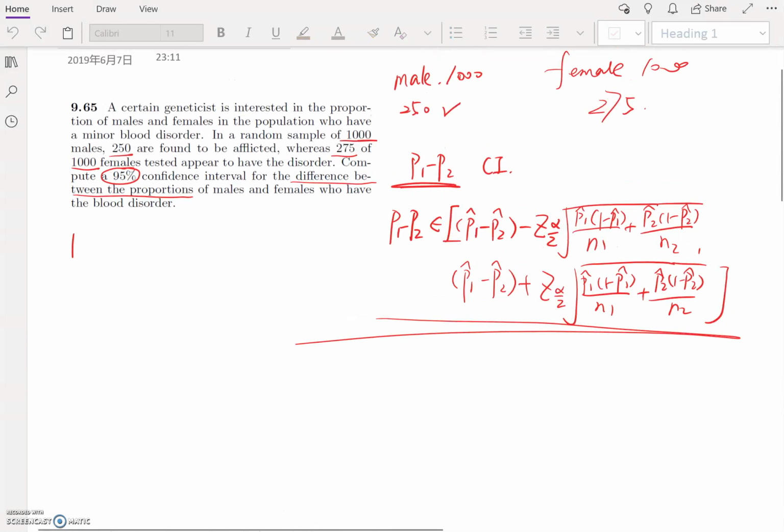So we have to calculate P1 hat and P2 hat.